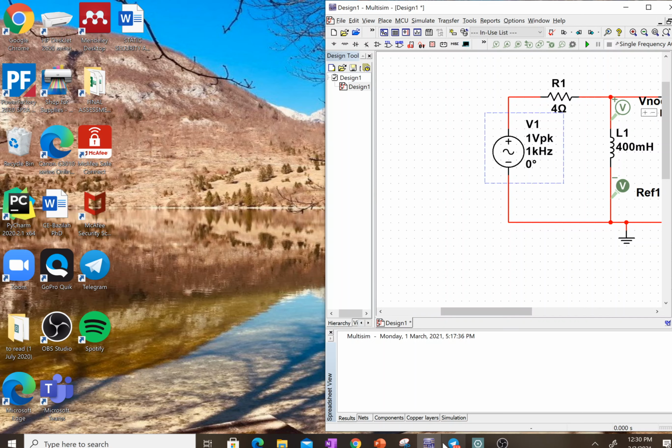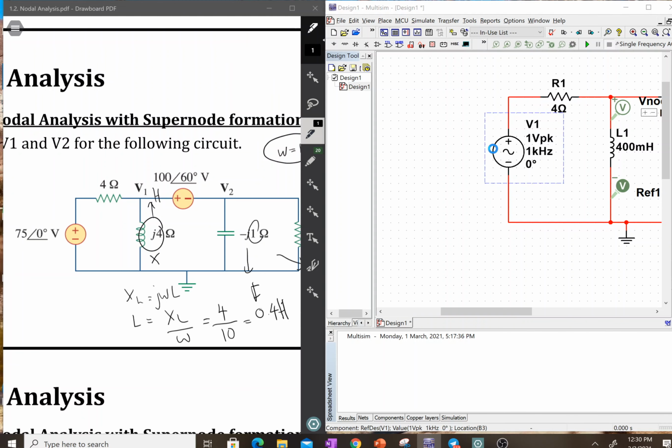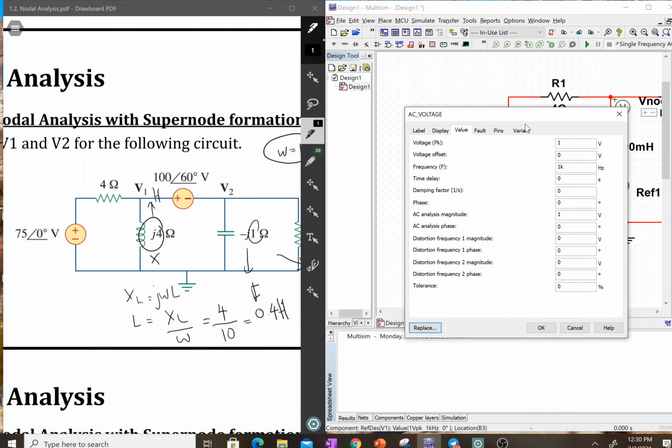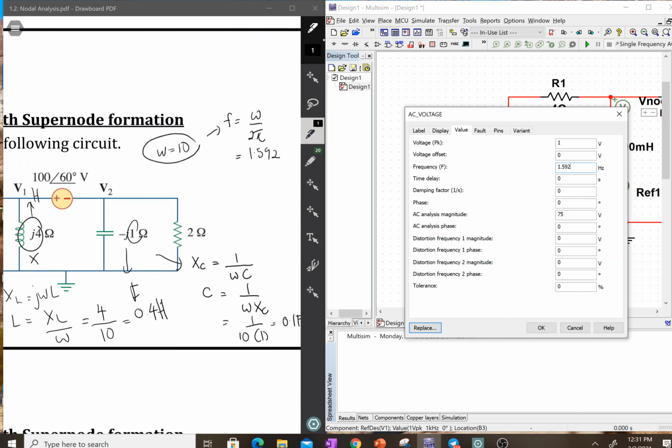For V1, the voltage given here is 75, and the angle is 0. The frequency here is 1.592.